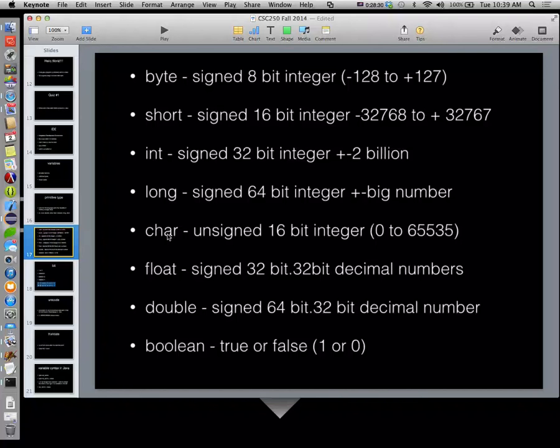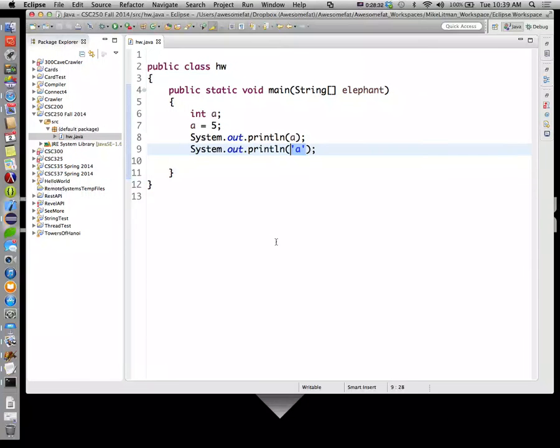So let's talk about what's actually happening in this line of code. System.out.println, for right now, we'll talk more about where this came from, but for right now, we just know this prints stuff, all right? And it's going to print whatever we put in between the opening and closing parentheses. So we need to identify these.